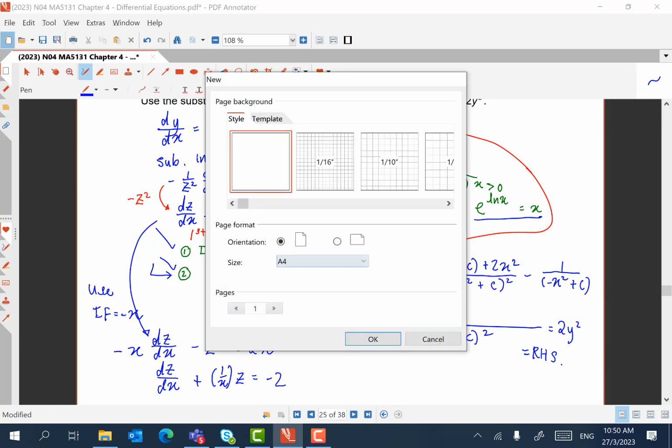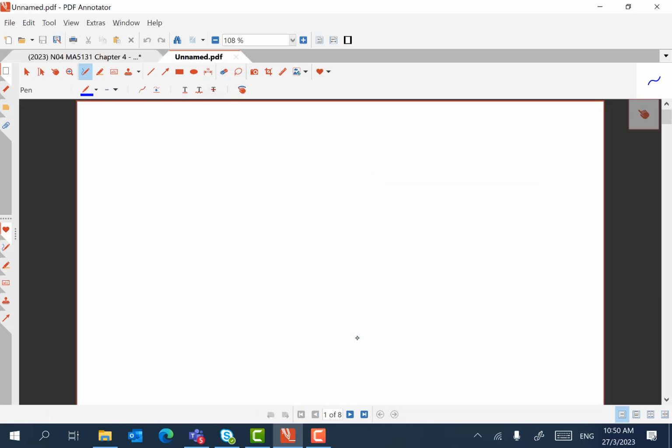I'm saying that if you got a DE that is like that, I say step 1, find the IF, which is e to the power integral of p(x) dx.